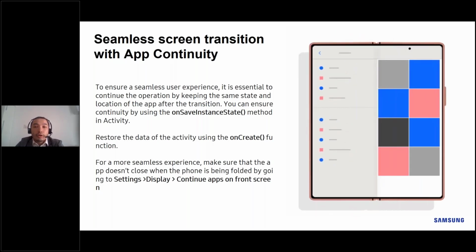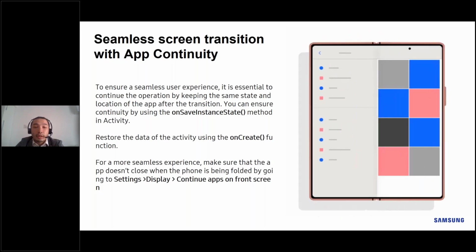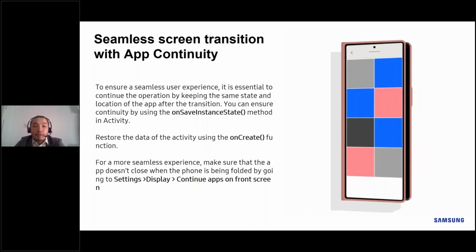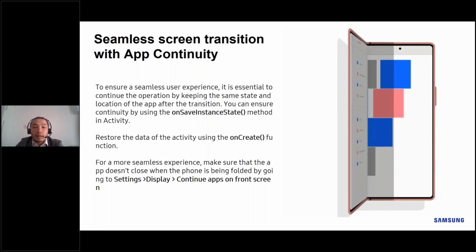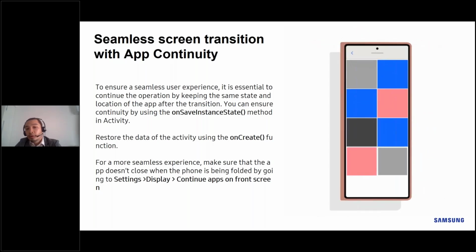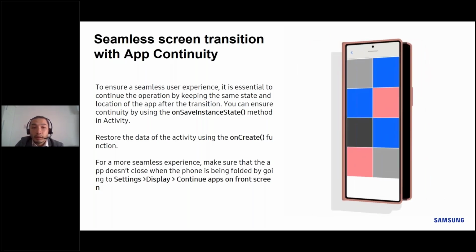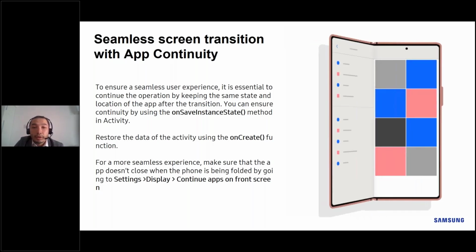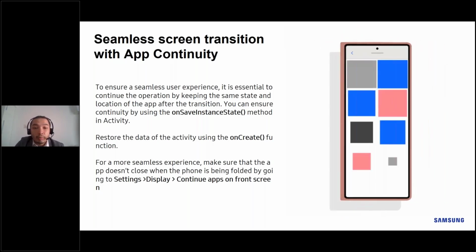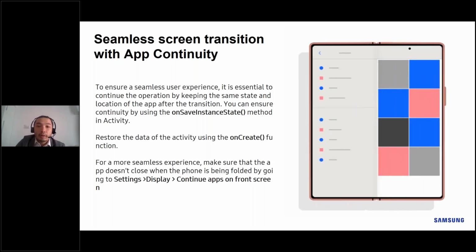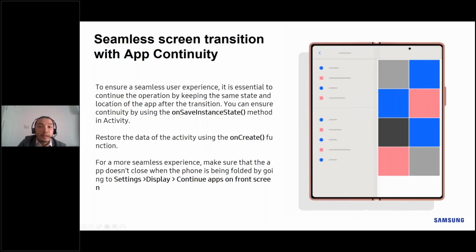So in terms of the app development, it is essential that you use the save instance state in the activity when folding or unfolding to restore the data or even the activity. You can restore the saved instance from the onCreate method while you're implementing the app continuity of your app.